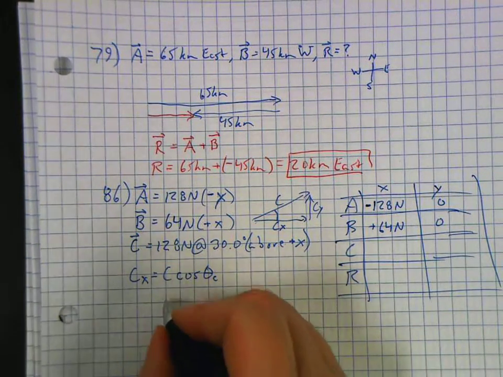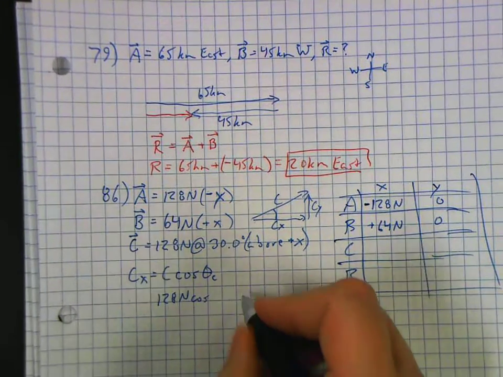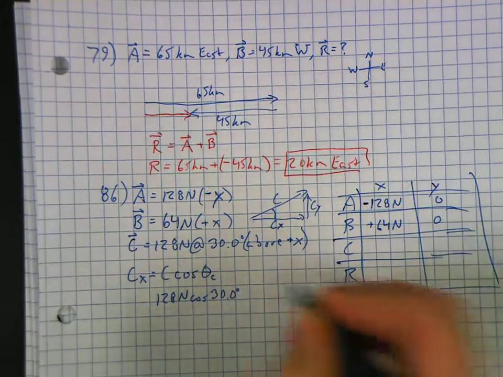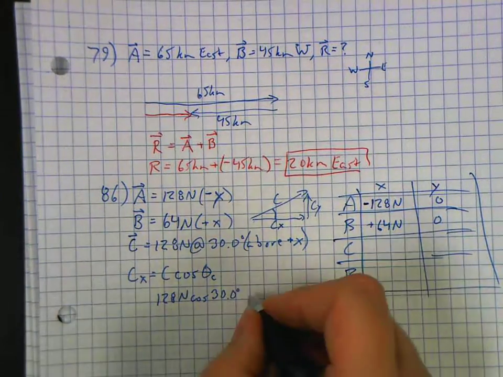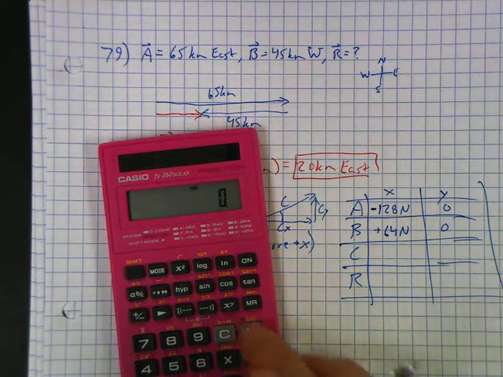Now, the magnitude of vector C was 128 newtons, multiplied by the cosine of the angle there, which was 30.0 degrees. So, and I'm just going to put it into my table instead of writing it down off to the side.